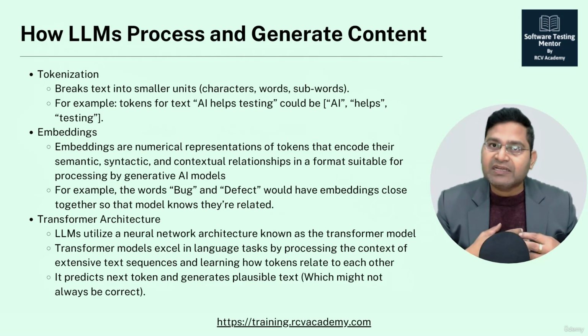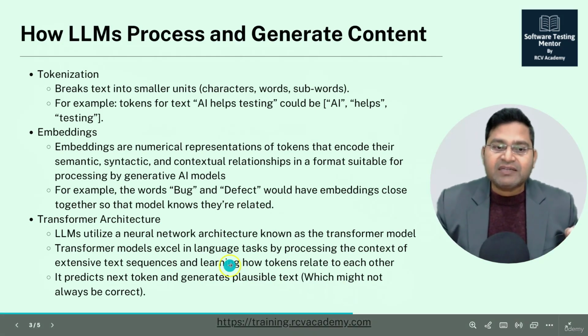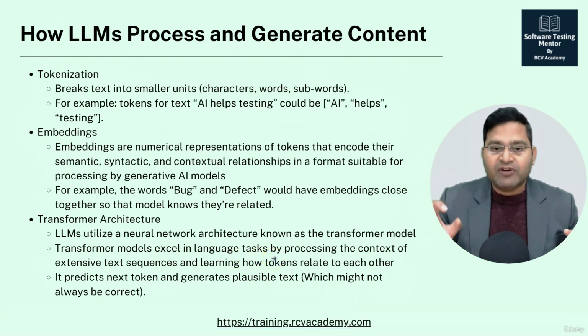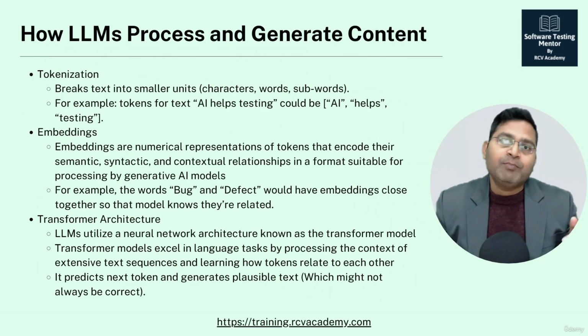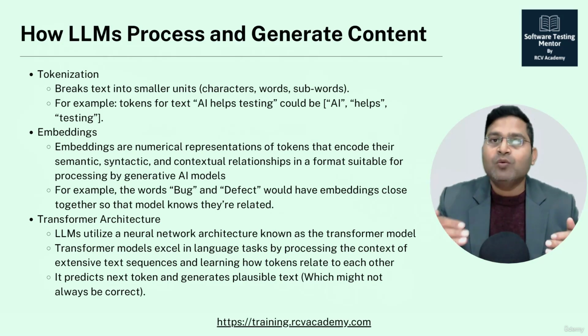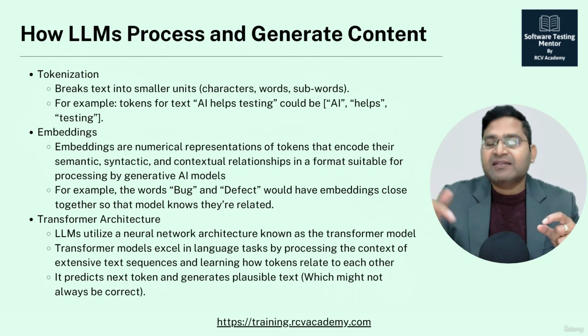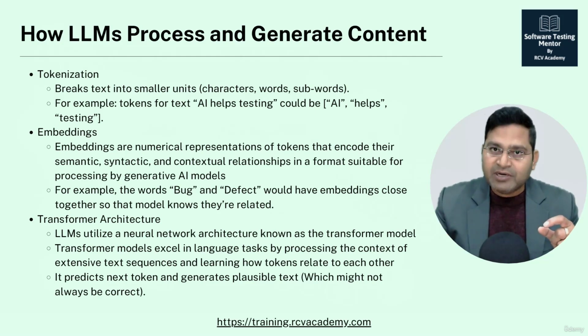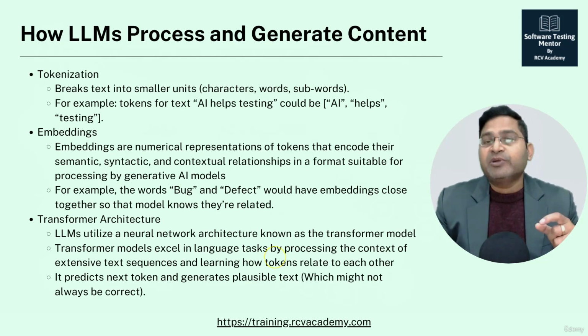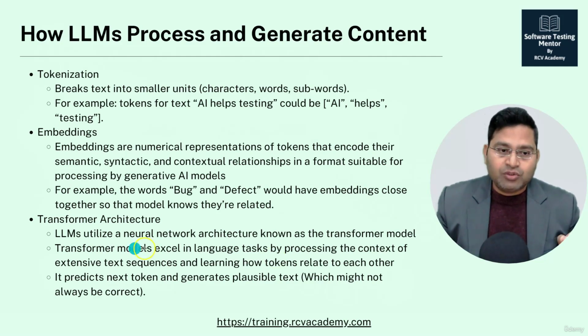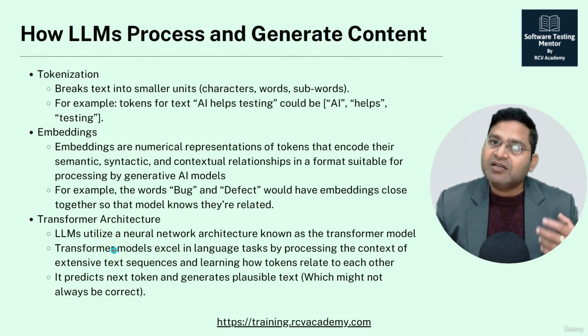And the transformer architecture is what lets the model know, in language processing, that if this is the word that has been generated, what will be the most closely related word that will go together with it in the next sequence, as per the grammar, the logic, the syntax and context. So that's what the transformer architecture is all about.